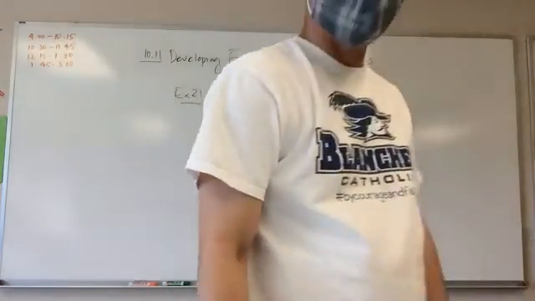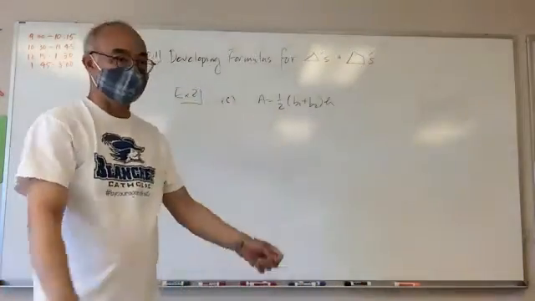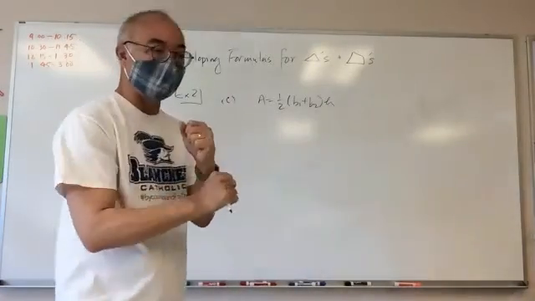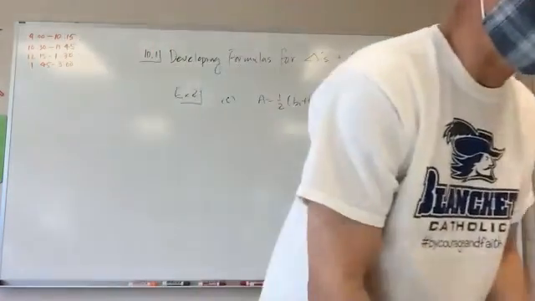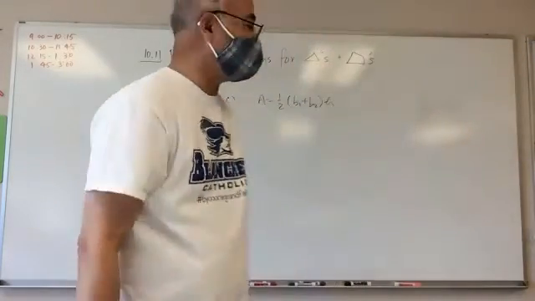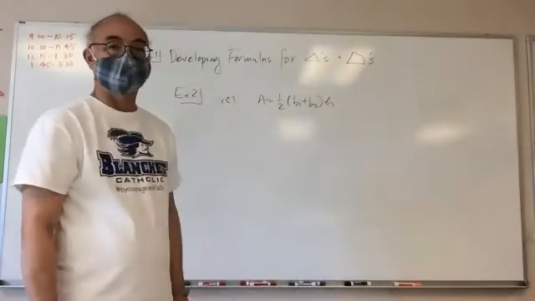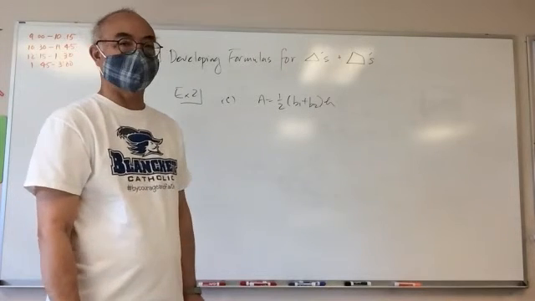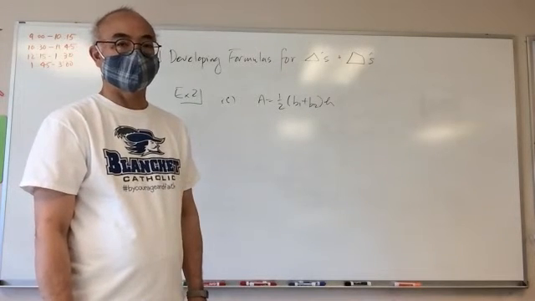B1 is what there? Kayla, what is B1 there? They gave us B1. We're trying to solve for B2, but they did give us B1. Which one is B1? What is the other leg?